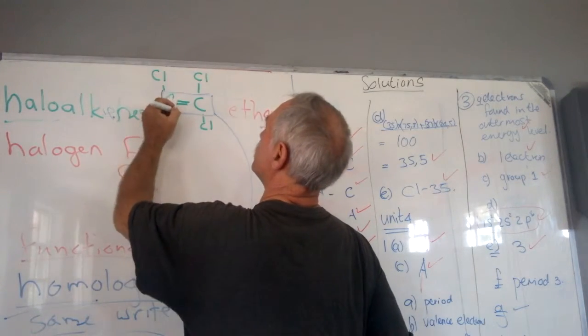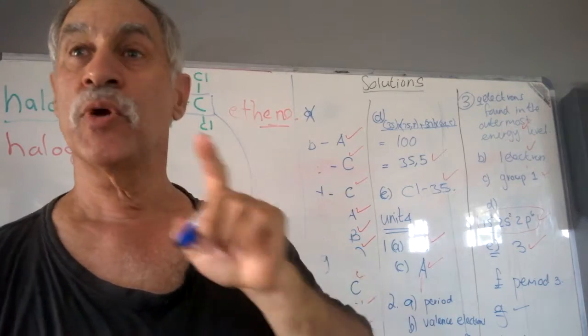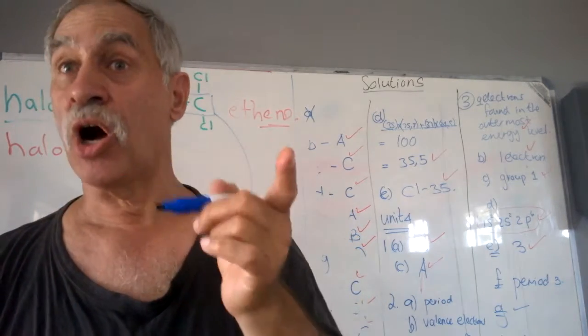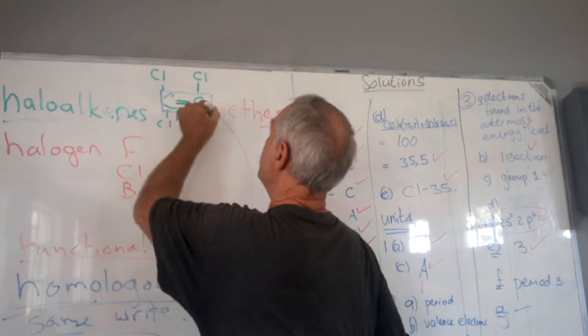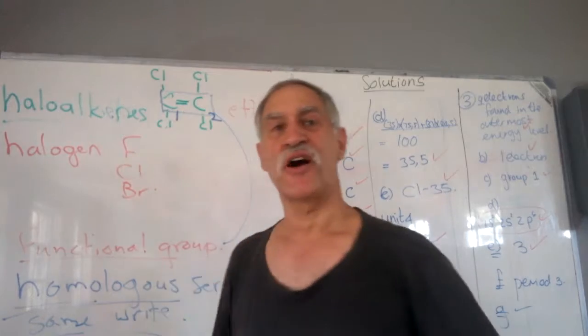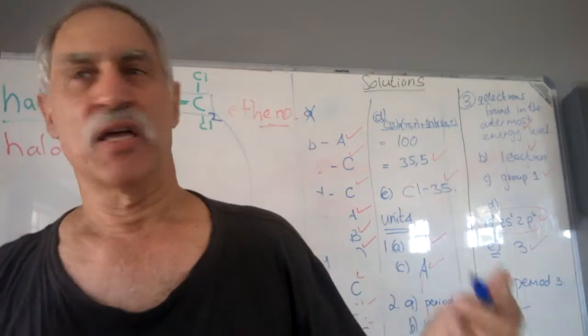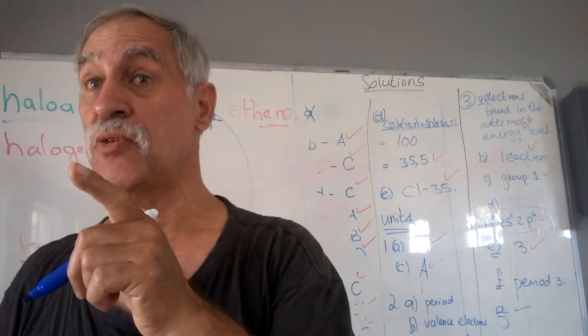Okay, so now we've also got to number the carbons. So we number them 1, 2. It doesn't actually matter if we number them the opposite way around because they're symmetrical. Make sense, everybody?